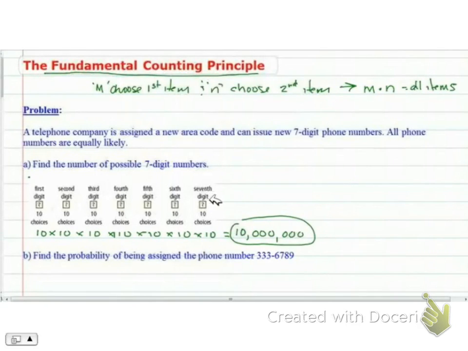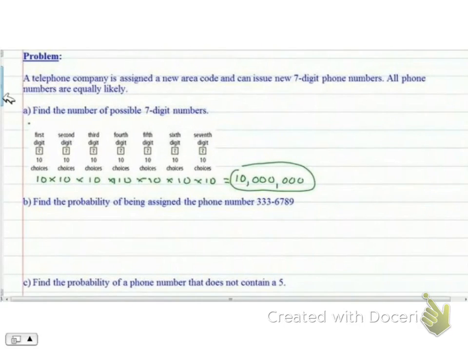All right, so let's move on and find the probability of being assigned the phone number 333-6789. Since the phone number 333-6789 is unique, there's only one possible way it can be chosen.